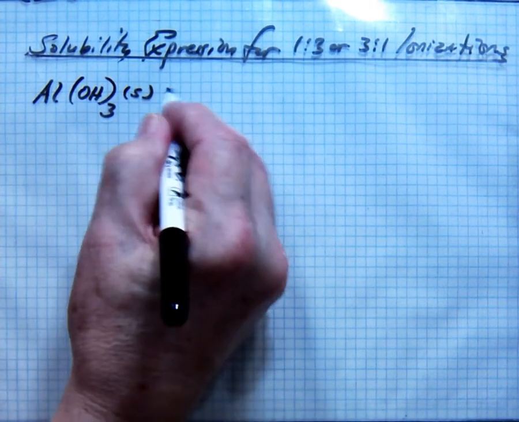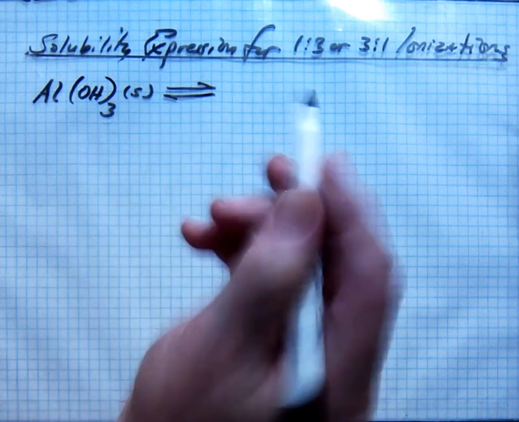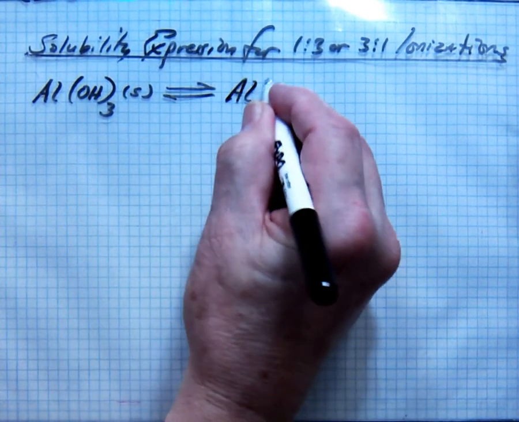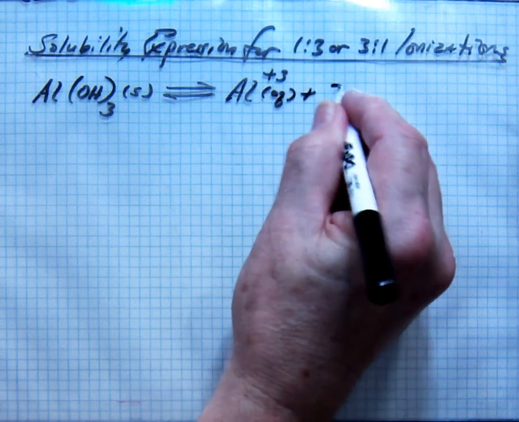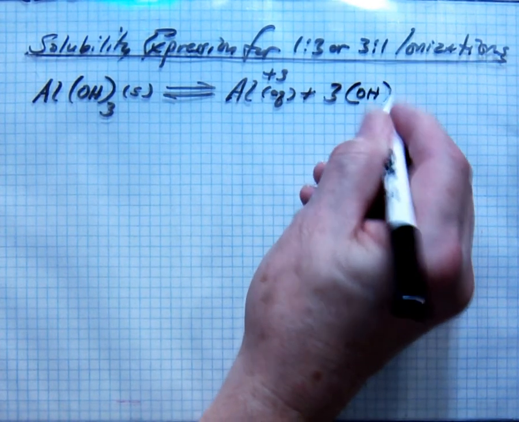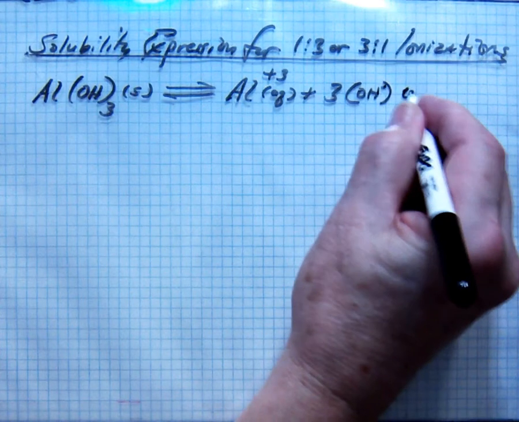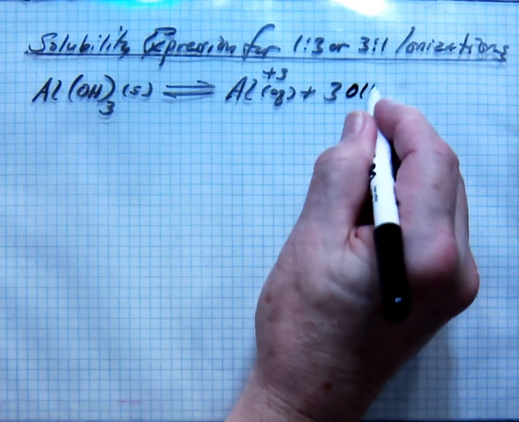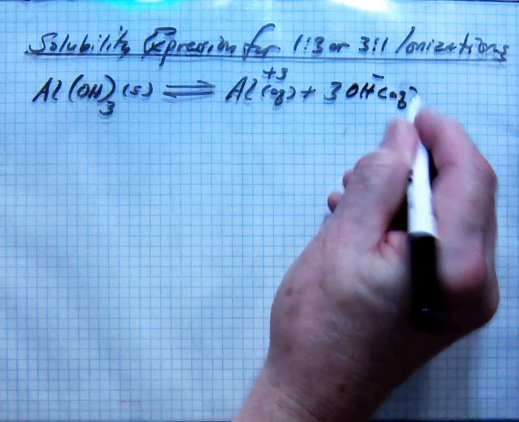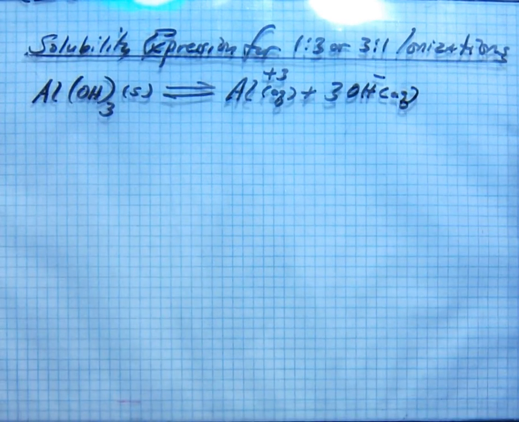Starting as a solid, it will ionize very nicely to aluminum ion plus 3 hydroxides, and that will be aqueous: Al(OH)3 solid goes to Al3+ aqueous plus 3 OH minus aqueous. Its KSP number is 4.6 times 10 to the minus 33.